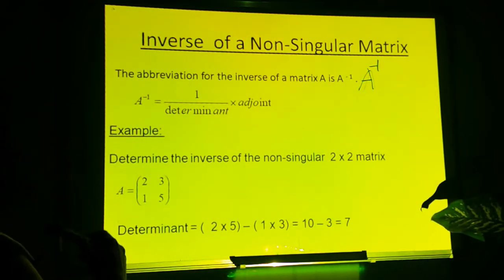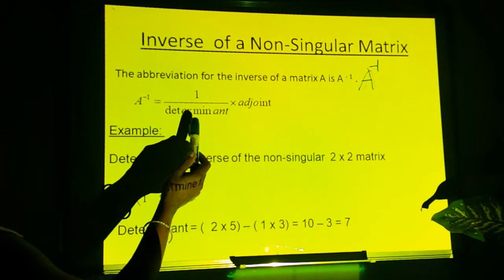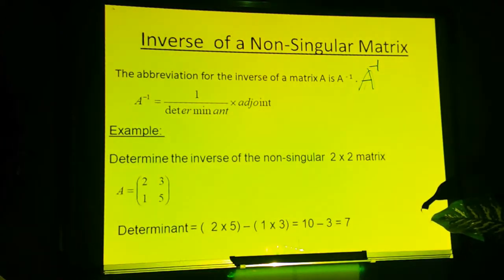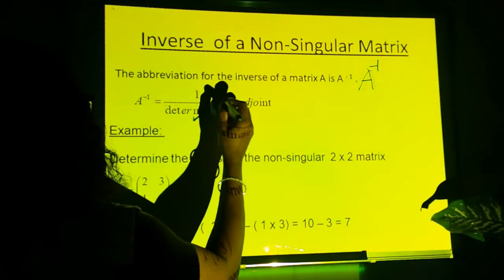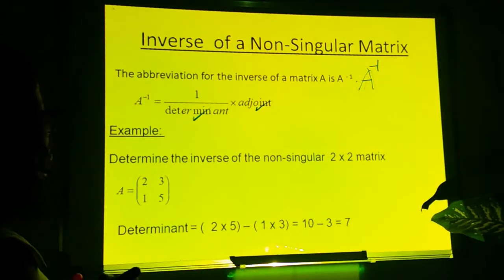And the formula for inverse is 1 divided by the determinant times the adjoint. So if I ask you to find the inverse of a non-singular matrix, what do you think you're required to find? Obviously, you want to find the determinant and the adjoint.